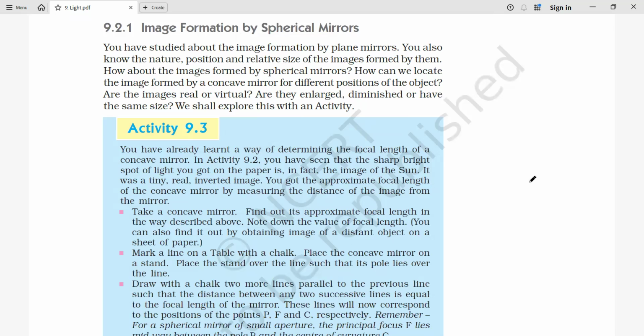Now it is important how image formation takes place, है ना? Image कैसे बनता है spherical mirror से?